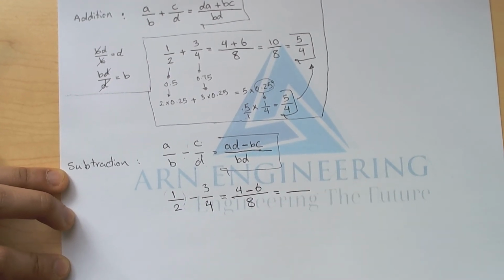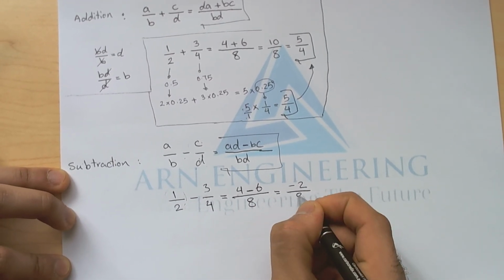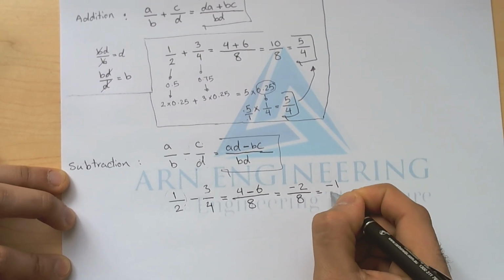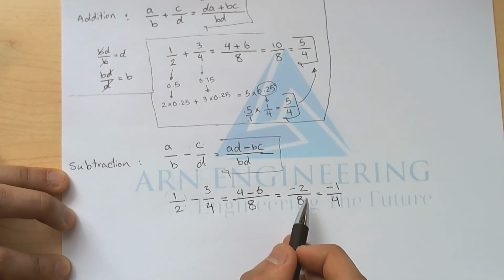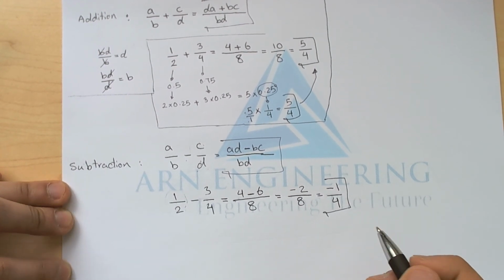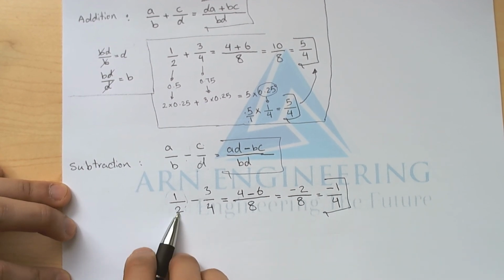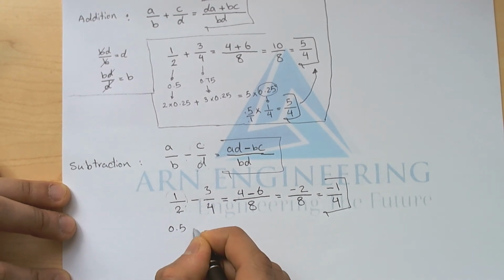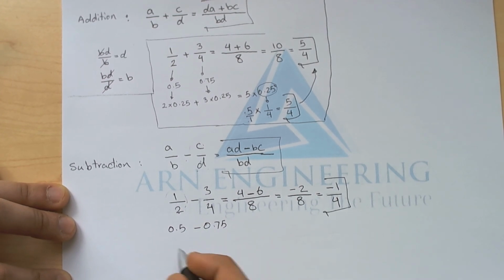So 4 minus 6 is minus 2 divided by 8. That gives us minus 1 over 4. And all I did was divided both sides by 2. And that gave me minus a quarter. And again, if you go back, we can see it makes sense. See, that's a half, and that's a 3/4, right?